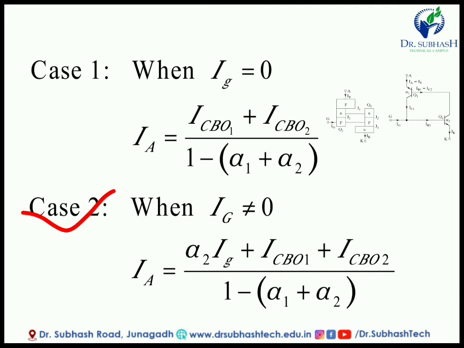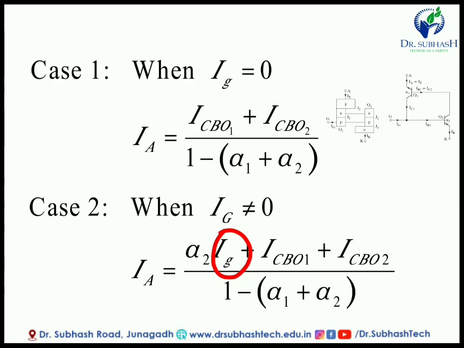Now case 2: whenever we give some gate current, meaning IG is not equal to 0, at that time IA is equal to alpha 2 IG plus ICBO1 plus ICBO2, divided by 1 minus (alpha 1 plus alpha 2). The only difference is that we have to consider IG, which is some non-zero value.